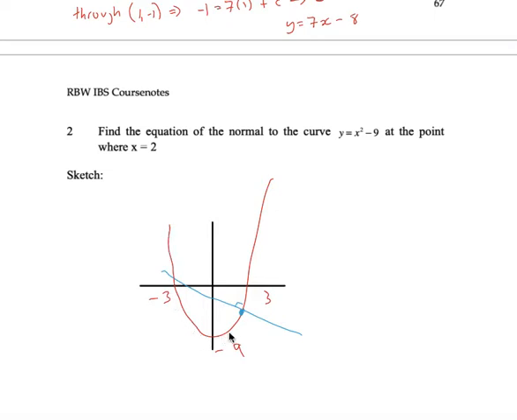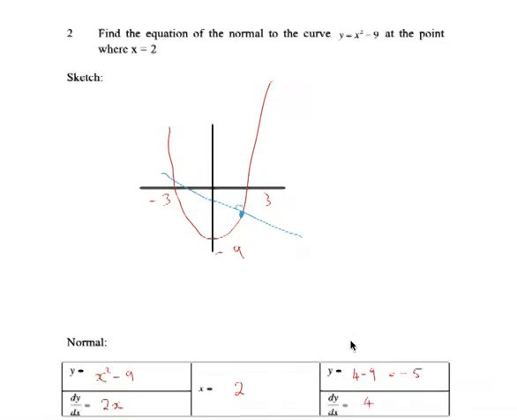So x squared minus 9 is going to be a parabola that looks something like that, crossing at -9, and y will be 0 when x is -3 or +3. I'm trying to find the equation of the normal when x is 2. So x is 2 is going to be somewhere about there. And a normal to that graph will be the straight line which meets the graph at 90 degrees.